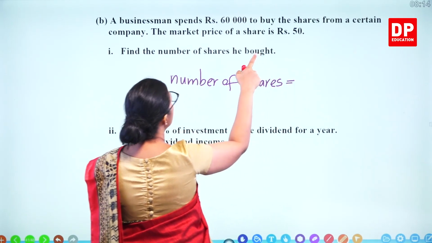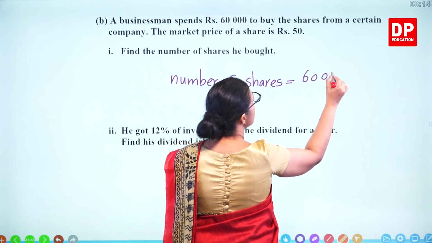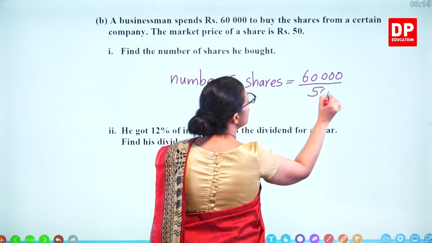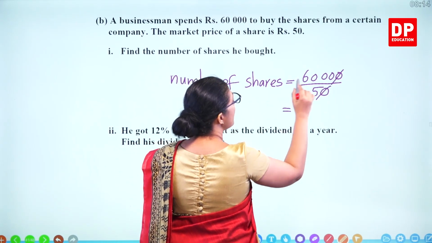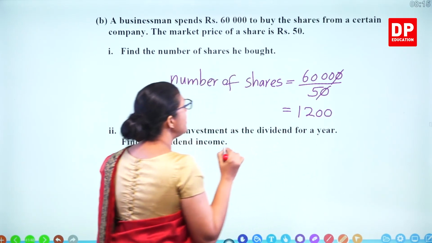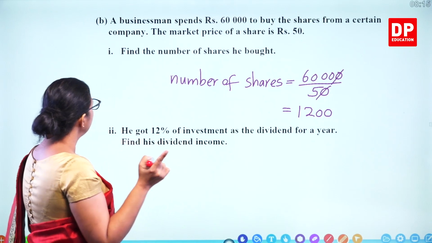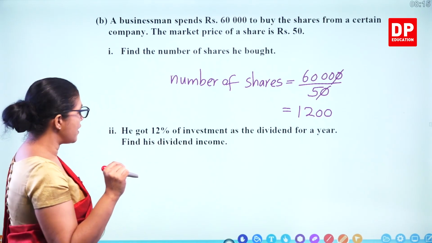Because each one is 50 rupees. So 60,000 rupees divided by 50. So how many shares? 5 times 1, 5. And here for 10, that's 1,200 shares.